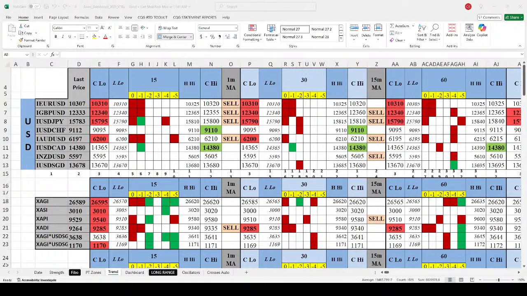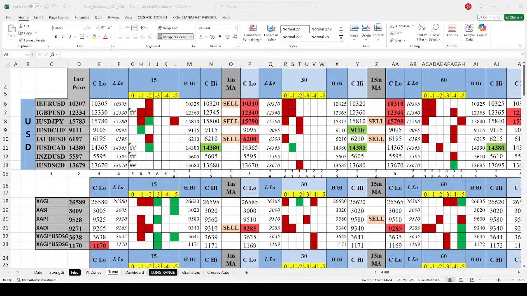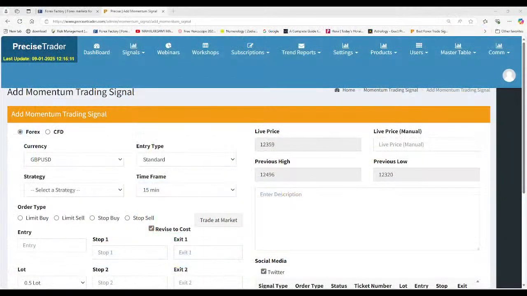Try to sell pound yen 194.70. Let me also put this straight. Pound and sell. Because pound yen is already moving, sell half lot at 194.70.